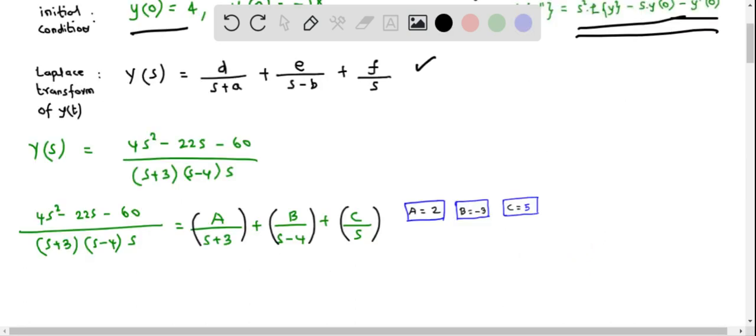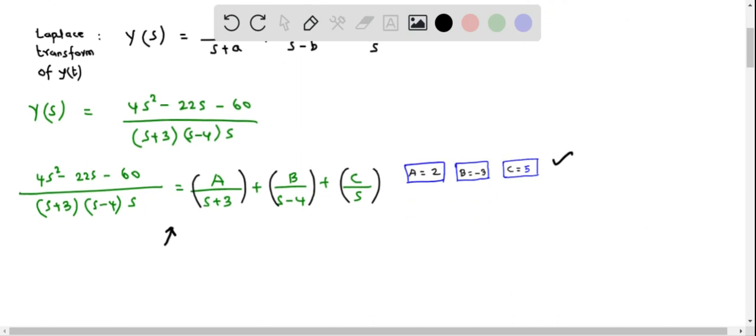So now that we have determined the constants A, B, and C, we can substitute into the partial fraction decomposition. So this expression equals A over s plus 3, that is 2 over s plus 3, plus B, that is negative 3 divided by s minus 4, plus C over s, that is 5 over s.